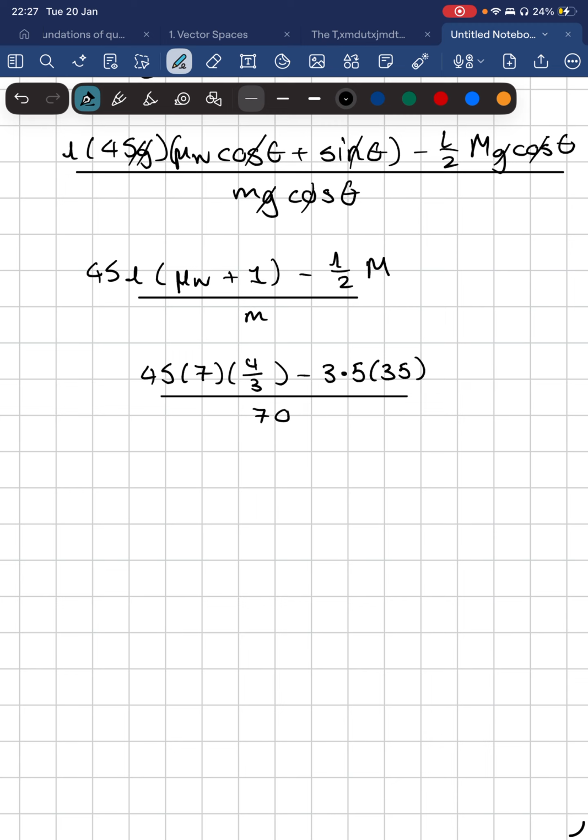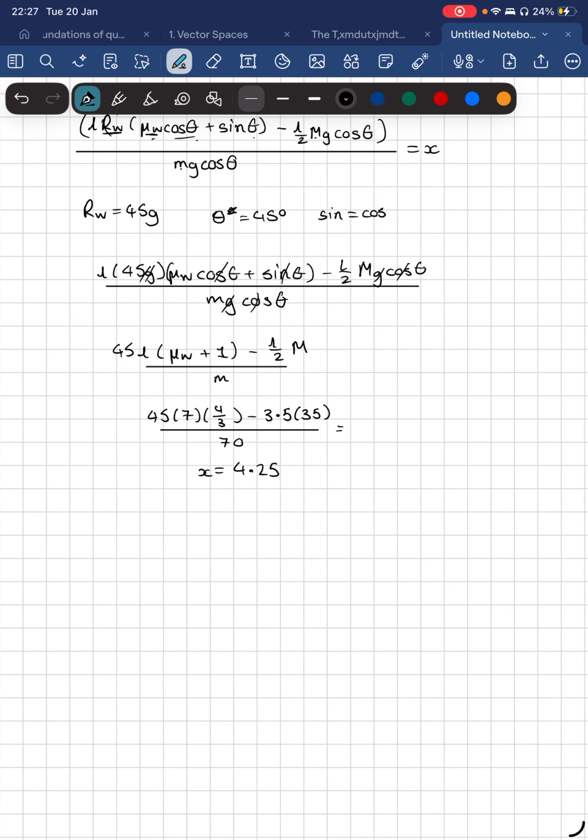And so if we plug that into a calculator, we get 45 times 7 times 4/3 minus 7/2 times 35, all over 70. And we get the answer that x is equal to 4.25, which is the right answer.